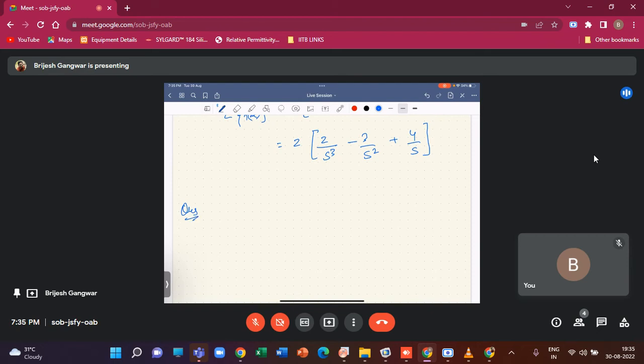Let's say we will multiply two functions, like Laplace of x e to the power 4x.